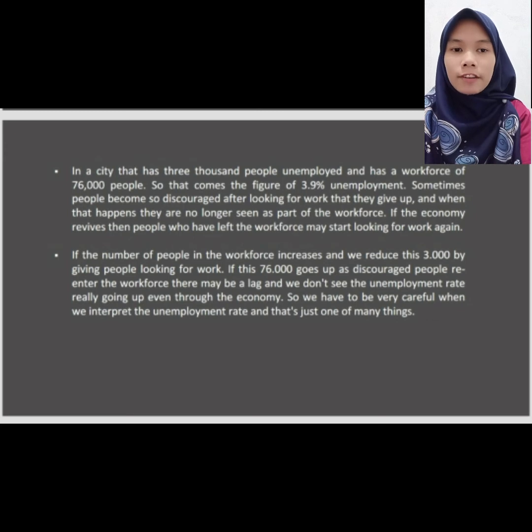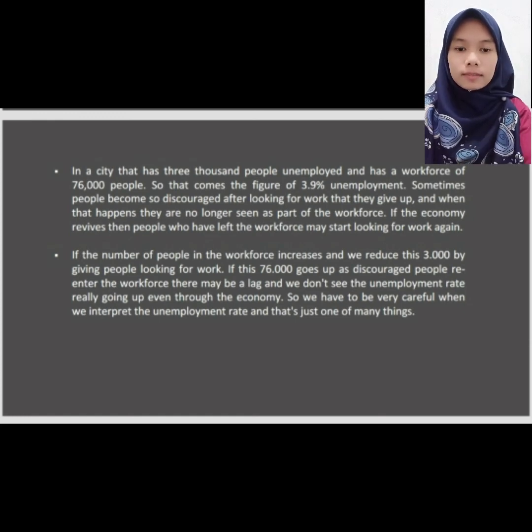Sometimes people become so discouraged after looking for work that they give up, and when that happens, they are no longer seen as part of the workforce. If the economy revives, then people who have left the workforce may start looking for work again.